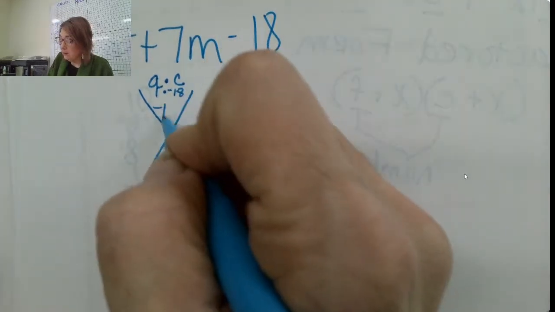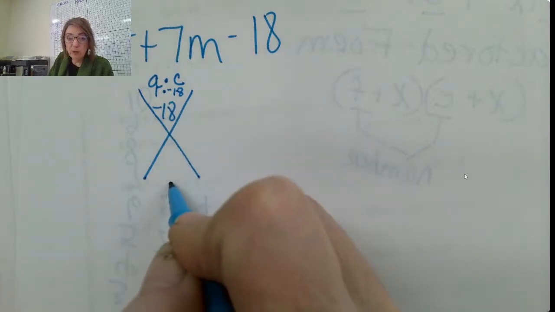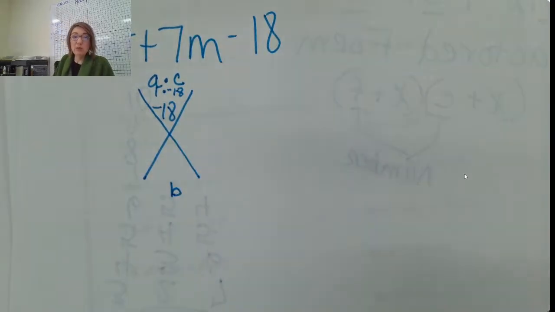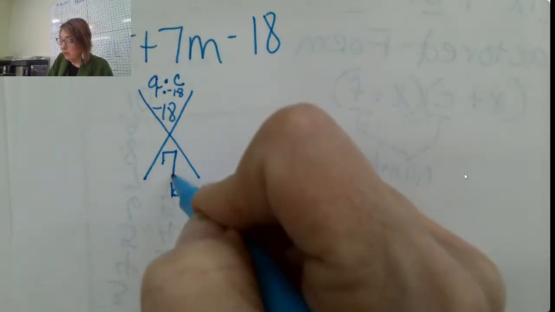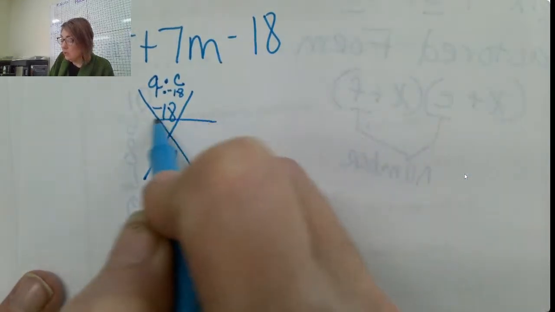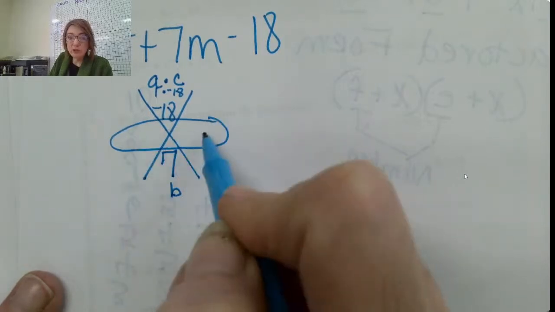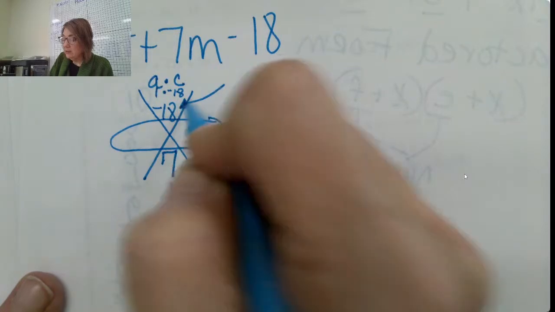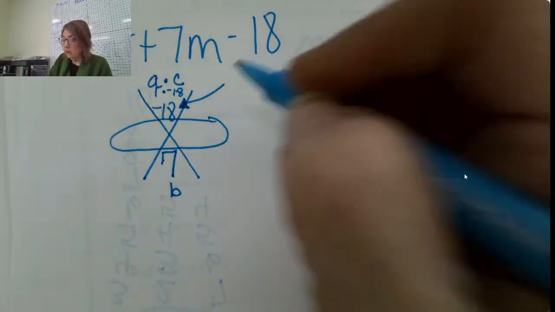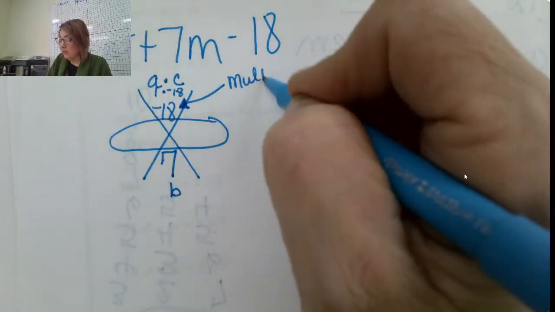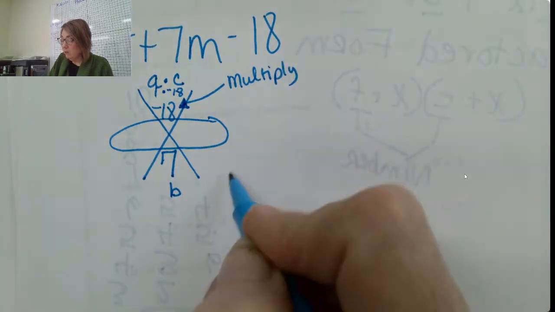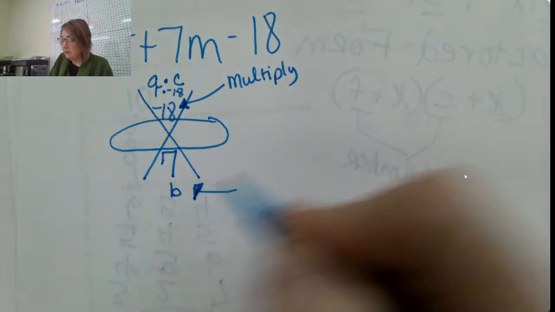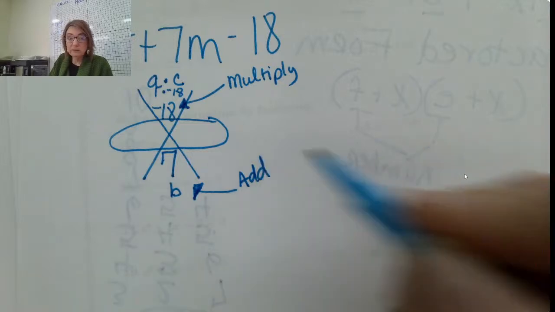Negative 18. And down here, we're going to put whatever our B value is. So what is our B value? 7. Okay. Now what we need to do is figure out what numbers could go here and here that would multiply to get negative 18. They multiply to get this, but they add to get that.